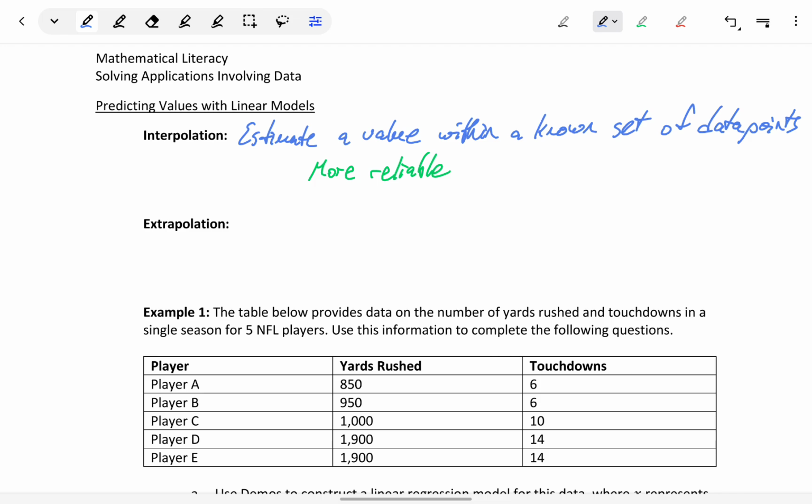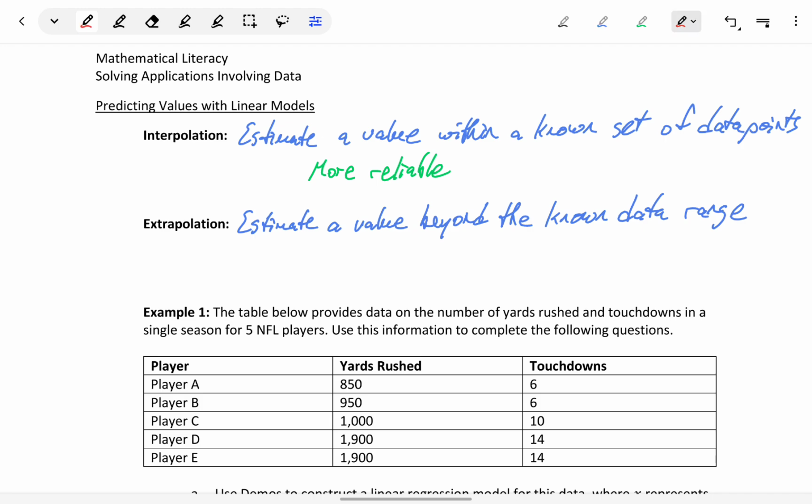Then we also have what's referred to as extrapolation. This is where we estimate a value that's beyond the known data range. So for a data value that's larger or smaller than any value in our existing data set.